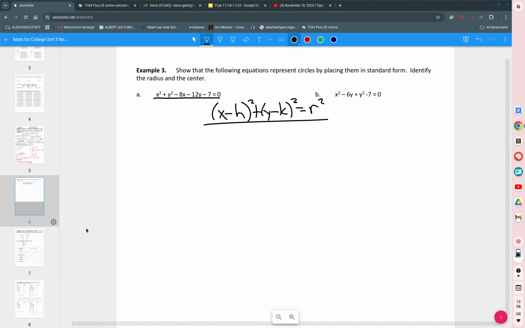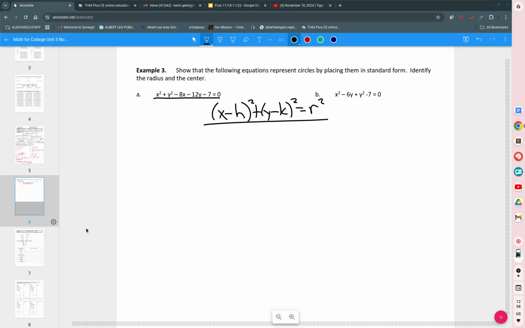This is the equation for a circle, but it is not in this form. Meaning when I look at this, I cannot tell what the center is or what the radius is. This has what we call a completed square, and this has what we call a completed square.